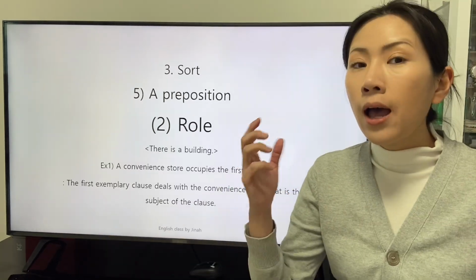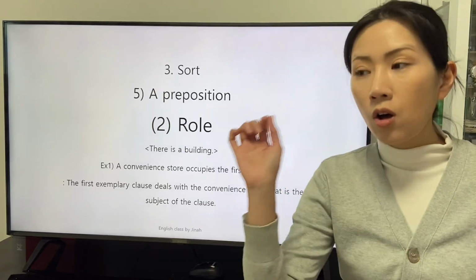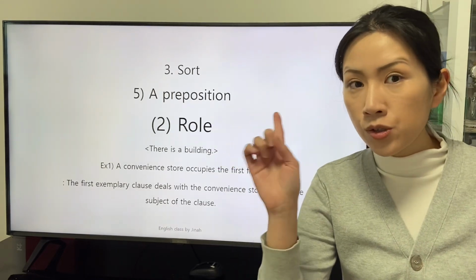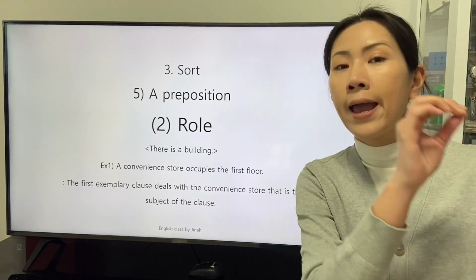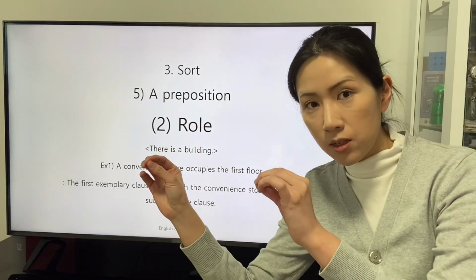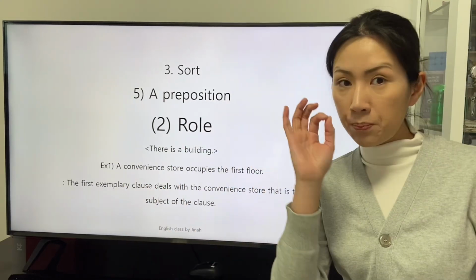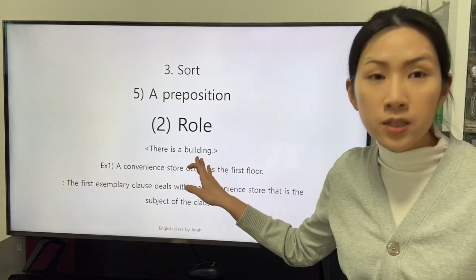Let's see how two clauses that deal with each subject are fused into a clause that deals with each subject as the subject of the preposition and the object of the preposition. There is a premise that we will imagine a building.